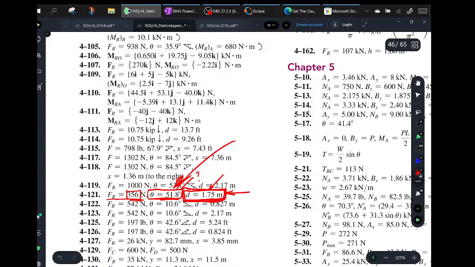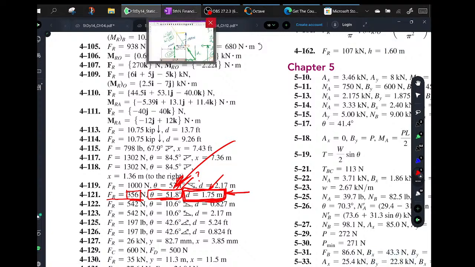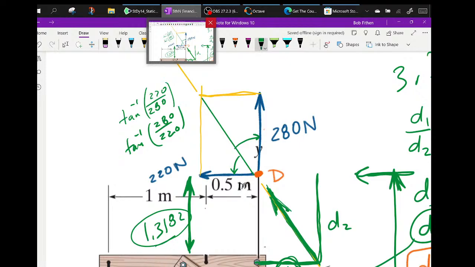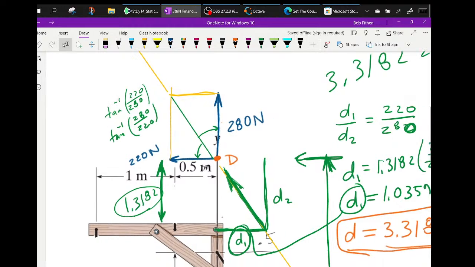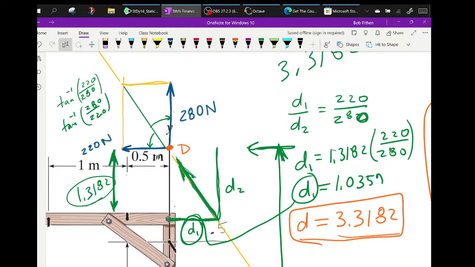Distance, 1.75. Now, this is the part that we did not get. And let's see if we can see why we did not get this.